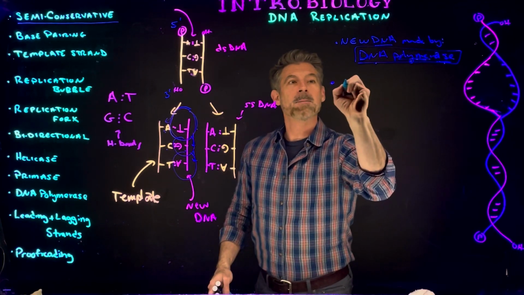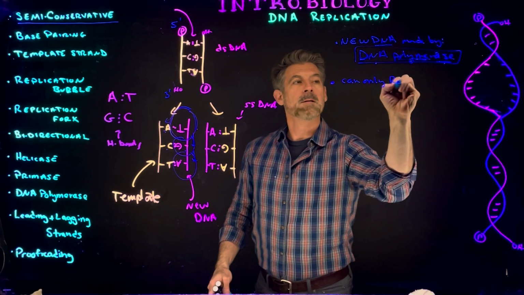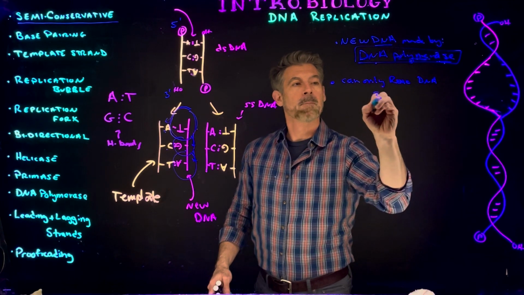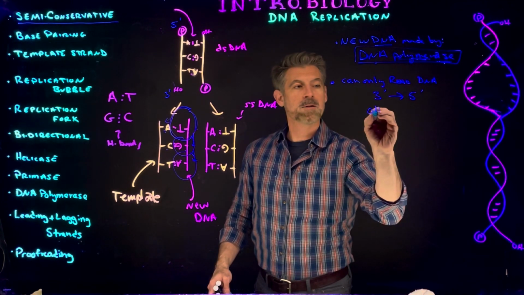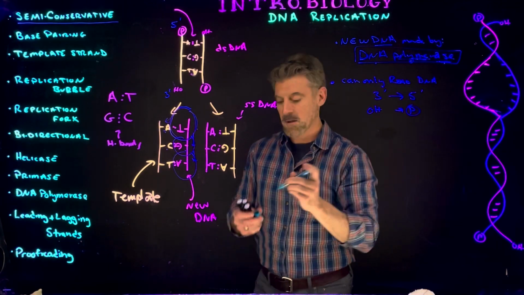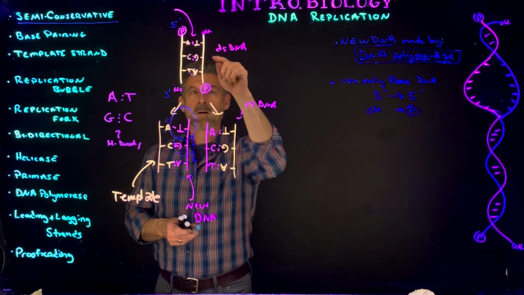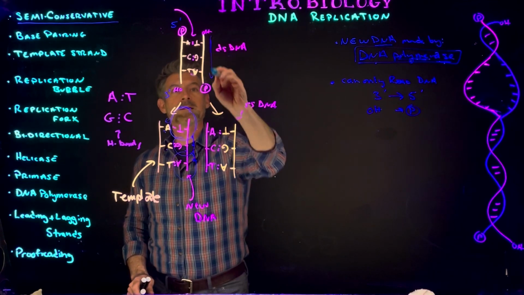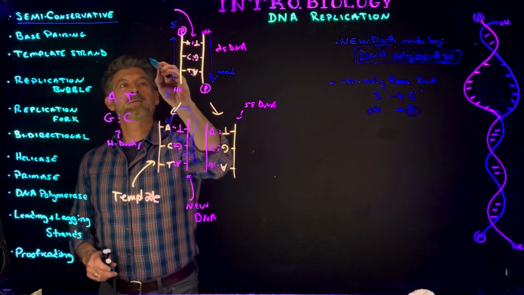So the DNA polymerase can only read DNA 3' to 5'. So that's OH to phosphate directionality. So that means if it was going this way, it could read this strand in this direction, but it can read this strand in this direction.